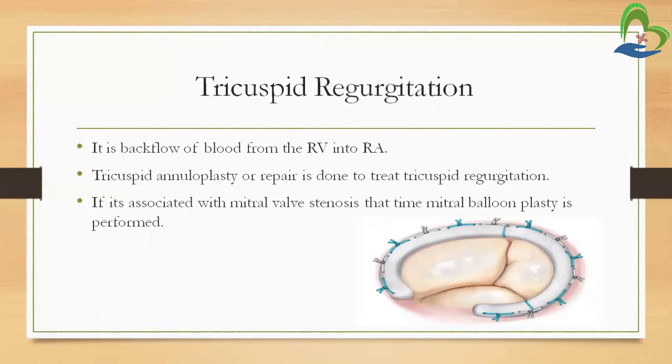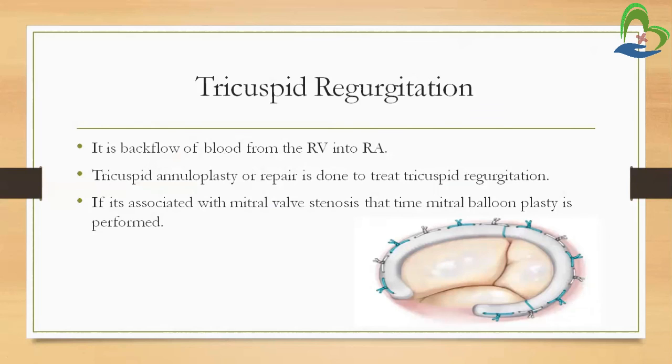The next condition is tricuspid regurgitation. This condition is related to the tricuspid valve, which is located between the right side of the heart, that is, the right atrium and right ventricle. In tricuspid regurgitation there is backflow of blood from the right ventricle into the right atrium because the tricuspid valve does not close properly.